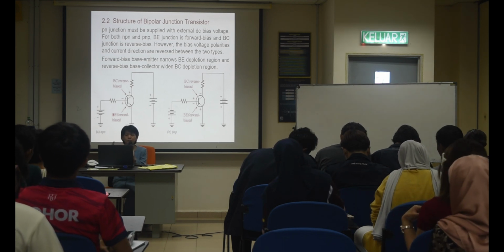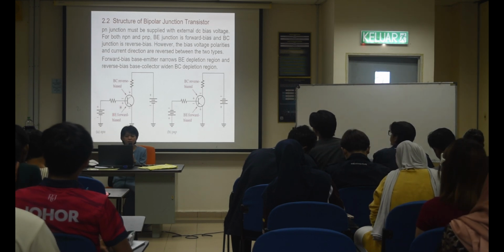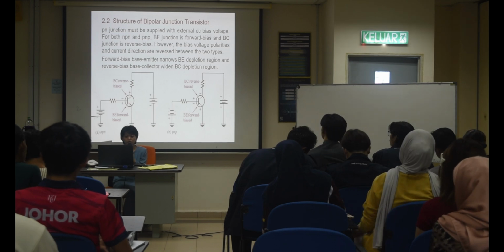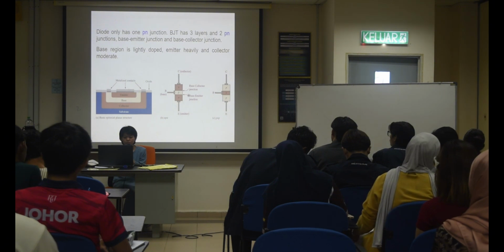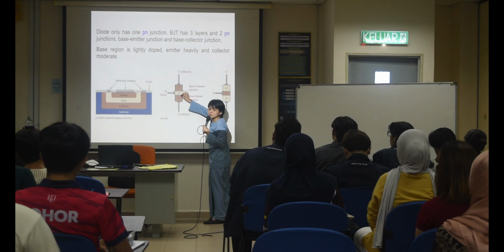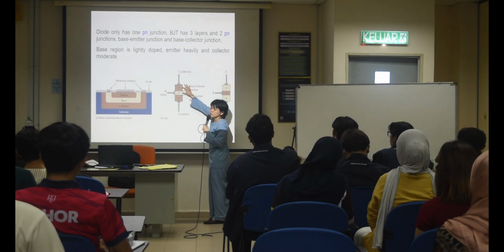Just now you told me forward is narrow, so here they must be narrow, very close. Then the BC junction must be bigger.